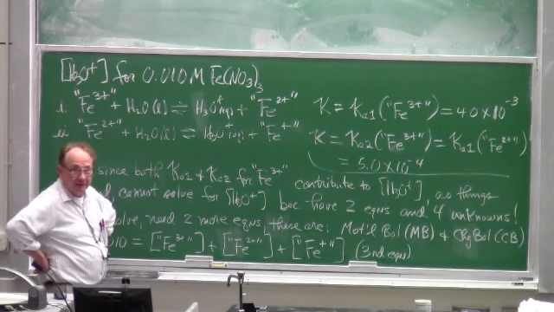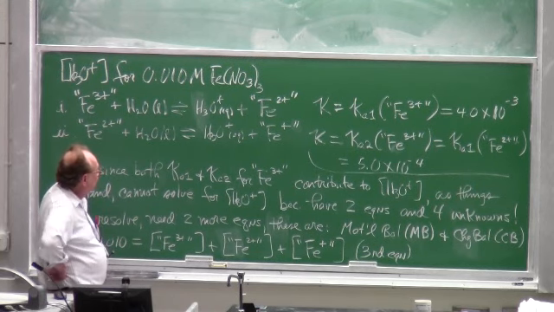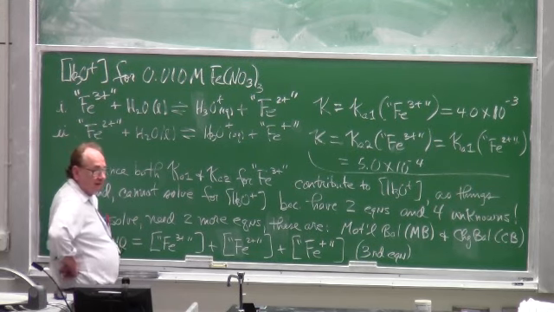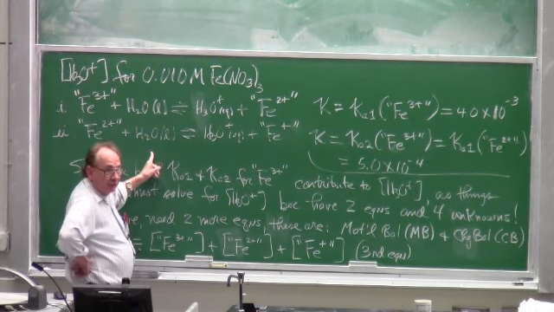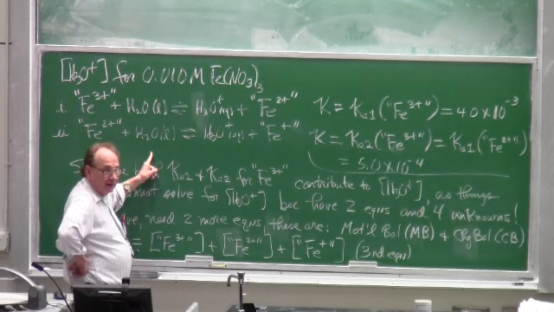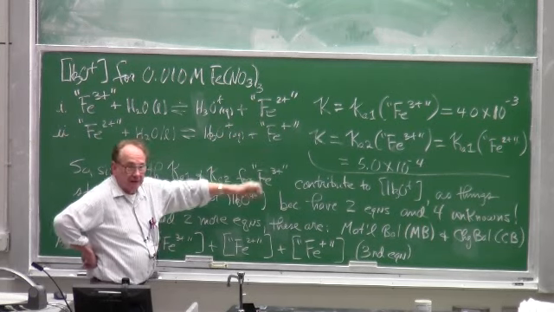That creates a difficulty from an arithmetic standpoint, from a calculation standpoint, because we will now, just based on these two equations, recognize this is an unknown, this is an unknown, this is an unknown, and this is an unknown.